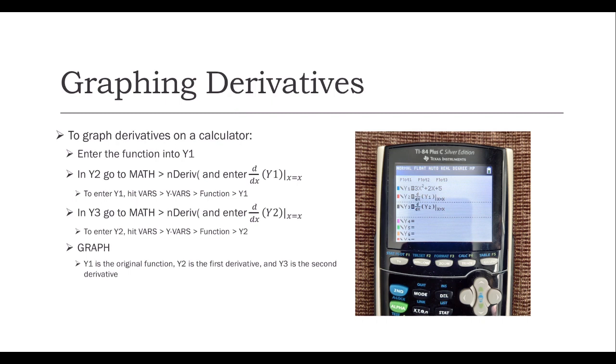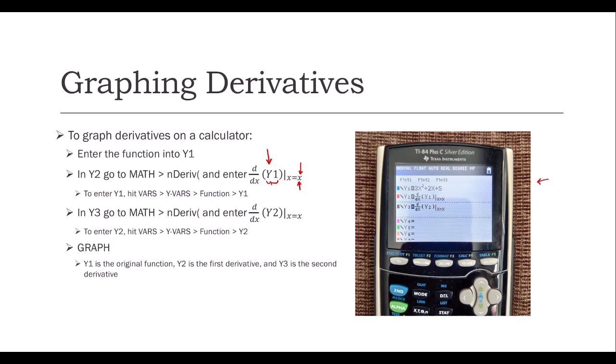So to graph your derivatives, you would start by entering your original function into y1, like shown in this picture here on the right. You enter your first function, and then in y2, you go to math, nderiv, and enter d dx of y1, where x equals x. You could do d dx where x equals some number to find your derivative at a certain point, but we want to graph the entire function, so we're doing the derivative of the original function for all values of x.